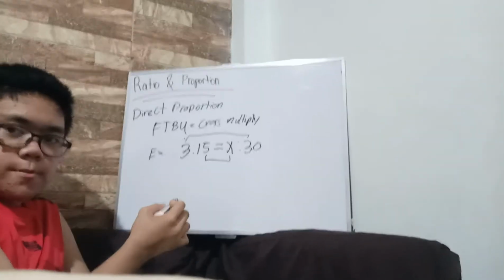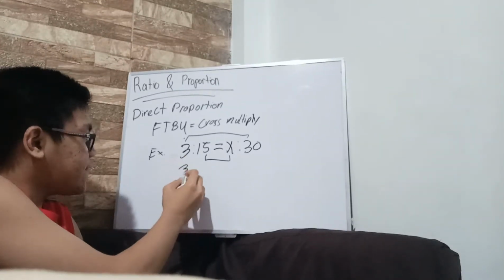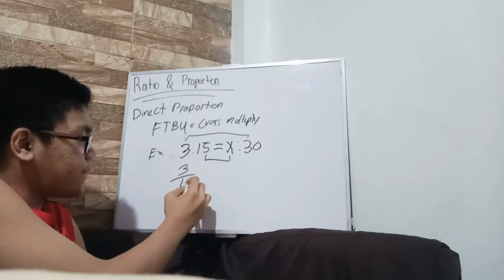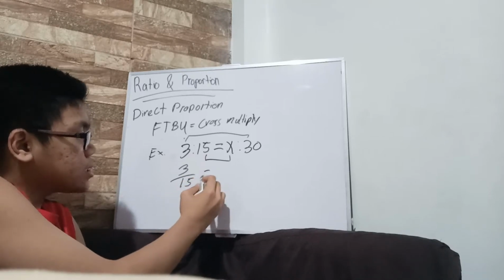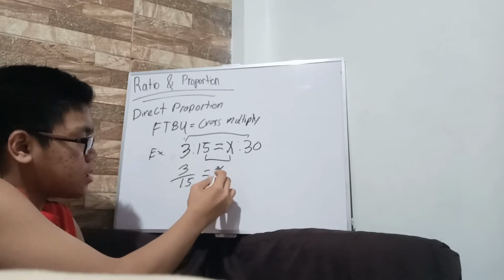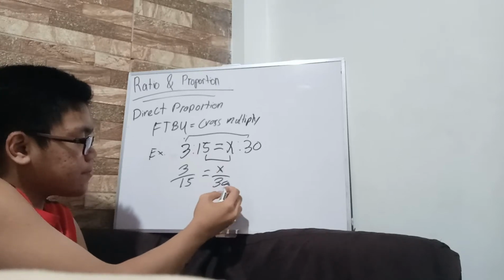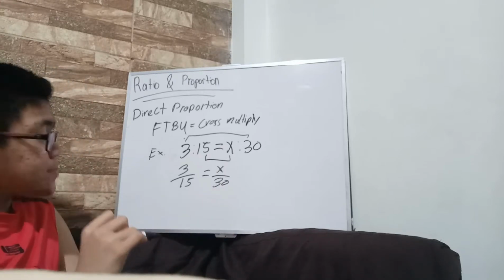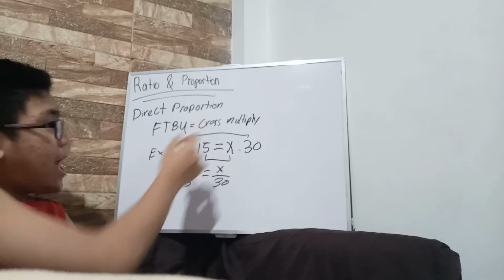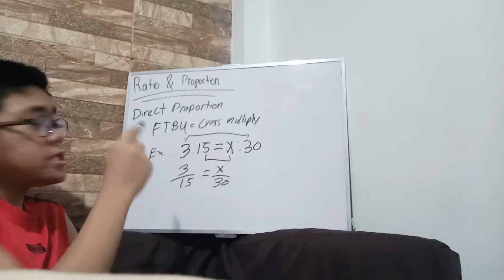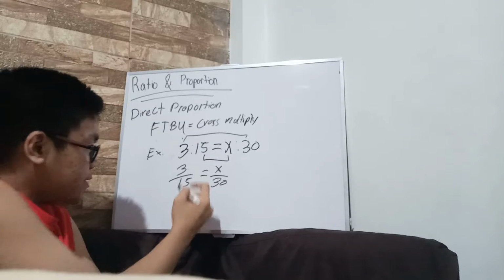So, 3 is to 15, we will turn it into fraction form, is equal to x over 30. So we will apply the formula, cross multiply.